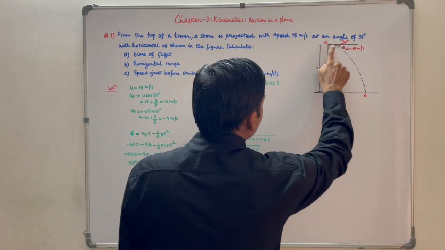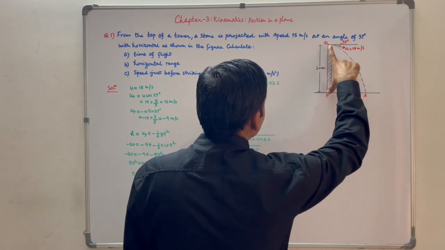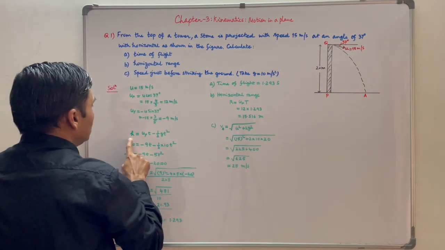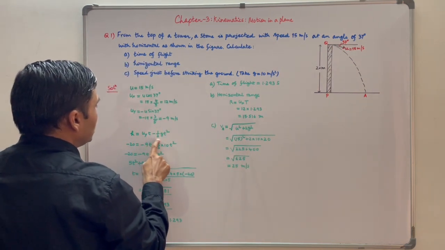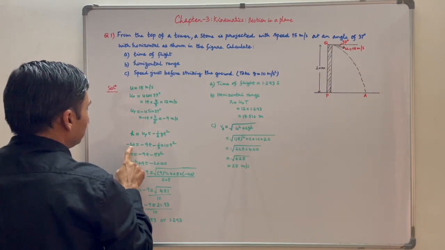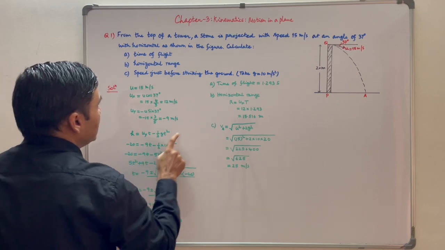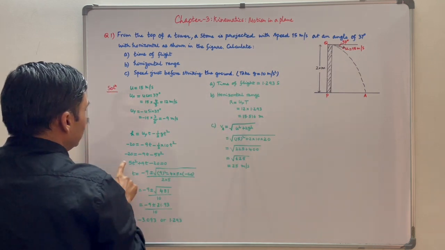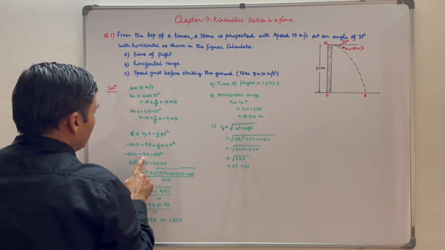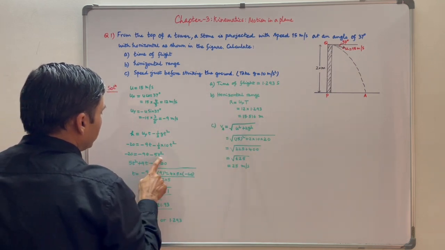Now, when stone strikes the ground, its vertical displacement is minus 20 meter. So h is equal to uy t minus 1 by 2 g t square. h is minus 20, uy is minus 9, g is given as 10 meter per second square. So minus 20 is equal to minus 9t minus 5t square.